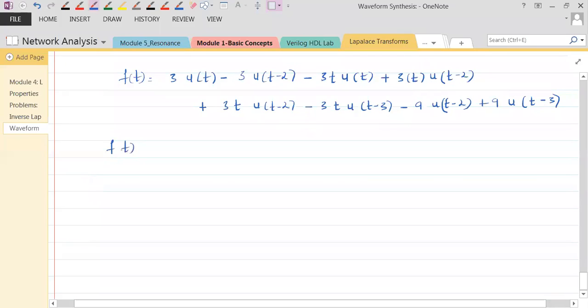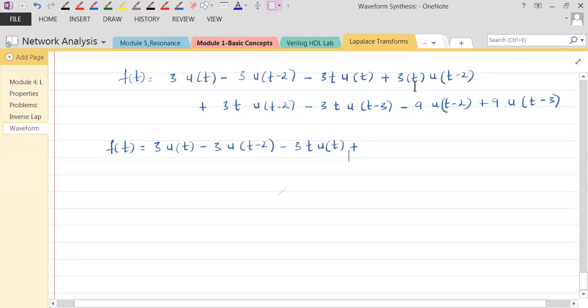Let's have f(t). Let's keep 3u(t) as it is and 3u(t-2) as it is, because there is no problem, and also there is no problem with this 3t into u(t). Now here is something that we need to be careful about. Here this is t and this is t minus 2.